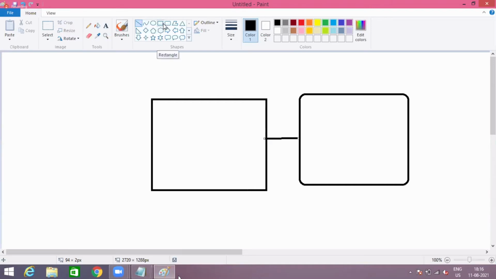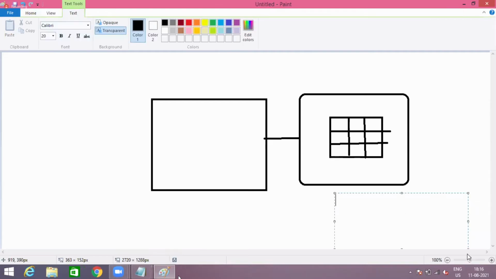Inside the database, data is stored in the form of tables. Tables means rows and columns. So inside the database, you store the data in the form of tables.